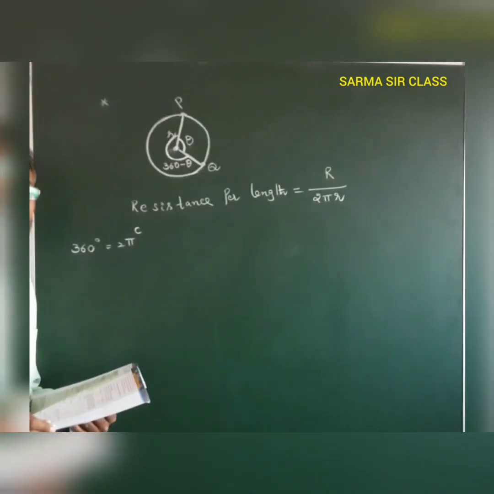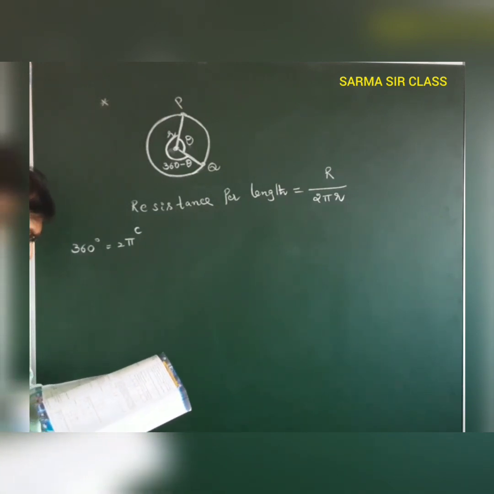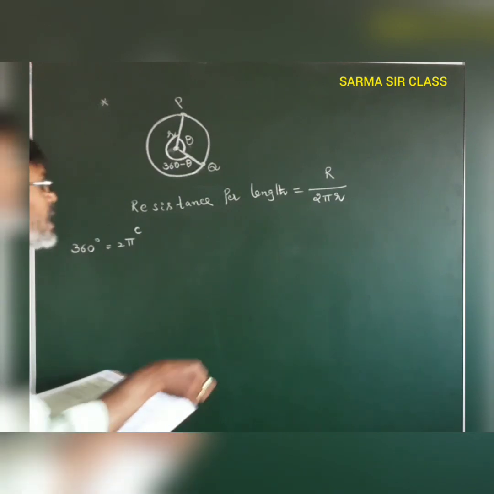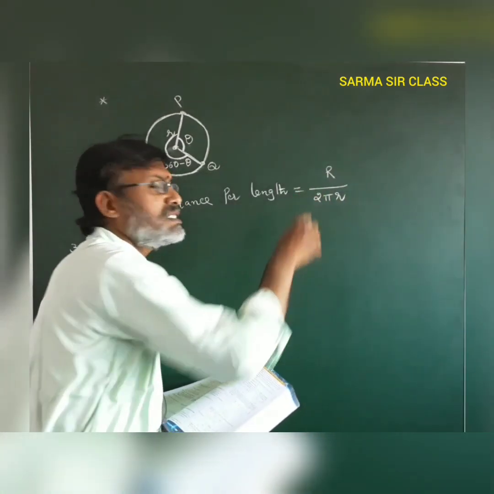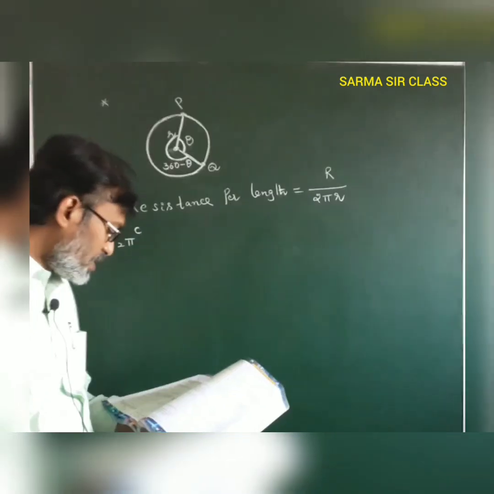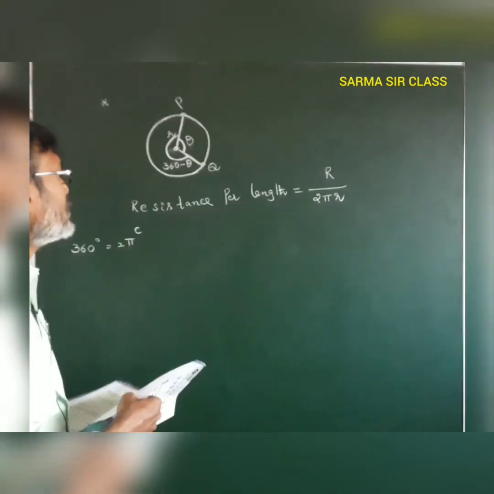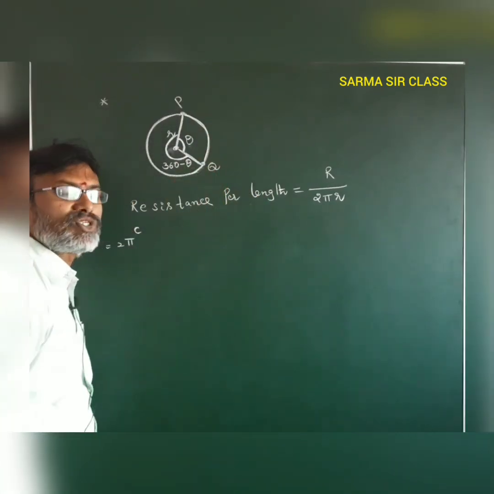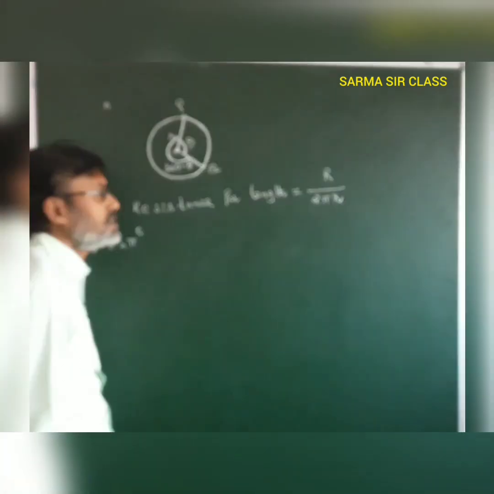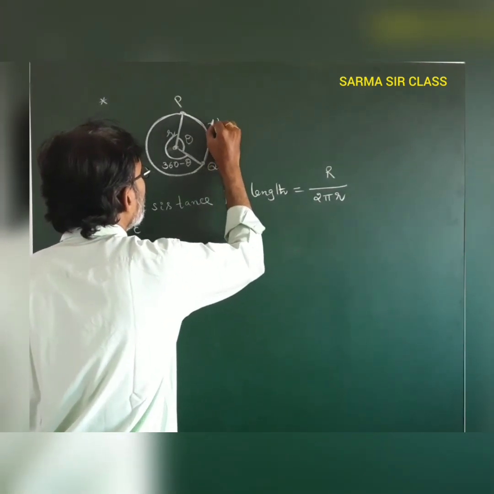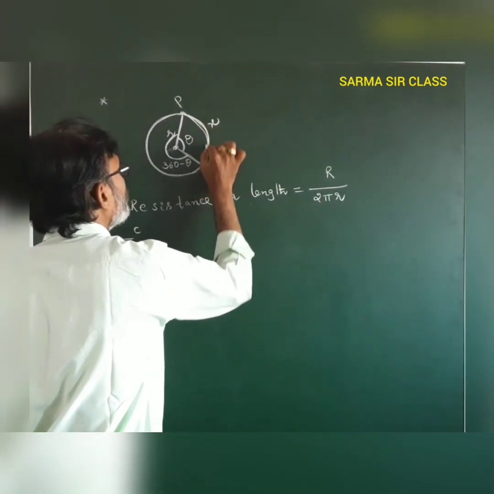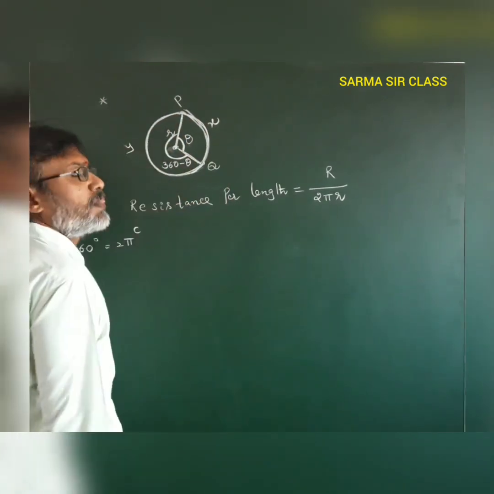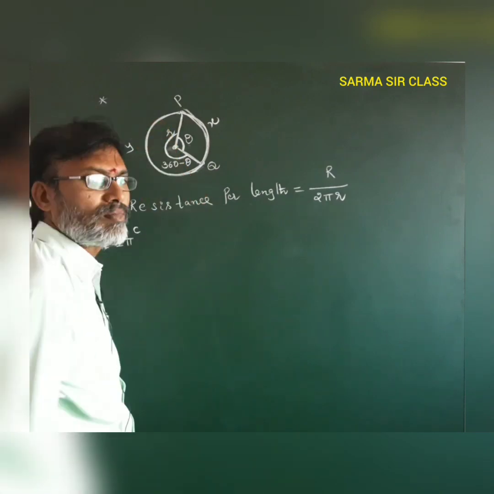Per unit length this much resistance is present, and in this length what is the resistance? I am taking this length as x and this length as y.